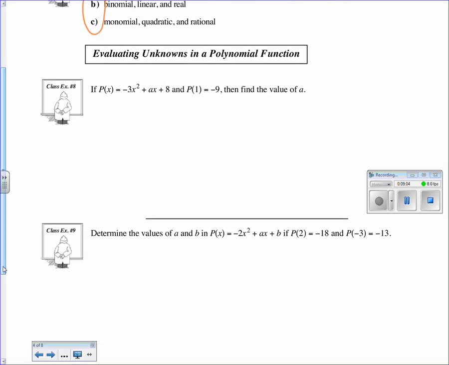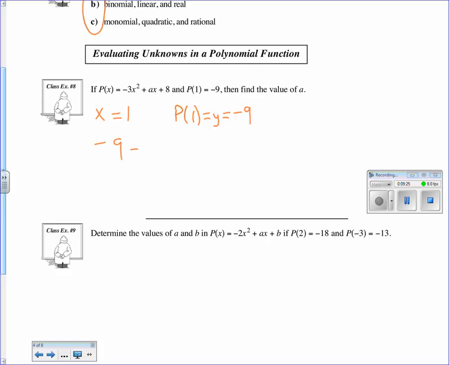If p at x is a given statement, but I know that p at 1 is equal to negative 9, I should be able to find the value of a. This defines for me that x is equal to 1 and p at 1, which I might call y, is equal to negative 9. So I might choose to write it like this.